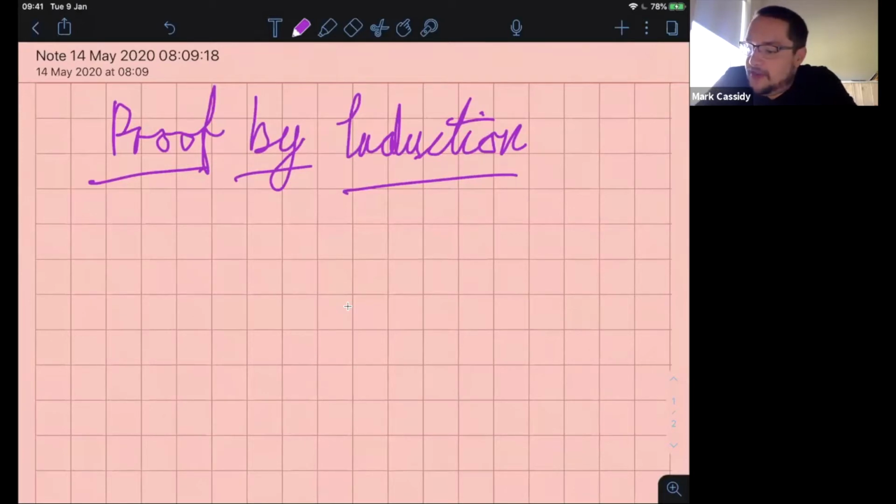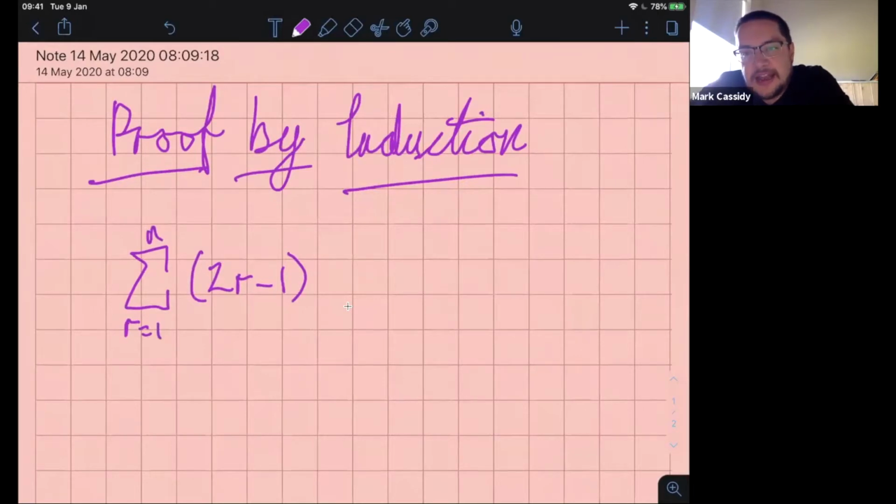So if I had sigma, 2r minus 1, r equals 1 to the n. Have you seen anything like that ever before? Not really? Okay.